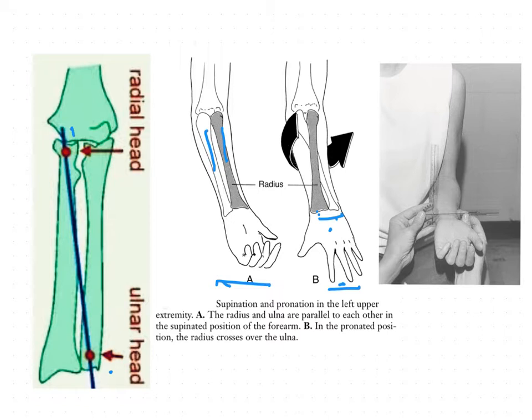In supination, both the bones lie parallel to each other, whereas in pronation, the radius crosses over the ulna. And how is the motion of the ulna here? The motion of the ulna is of less magnitude than that of the radius, and it is opposite in direction to the motion of the radius.